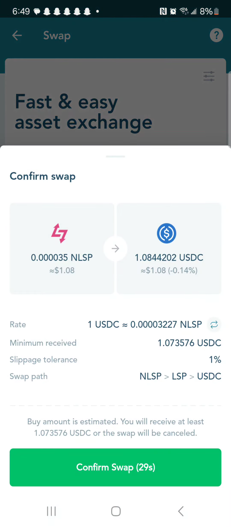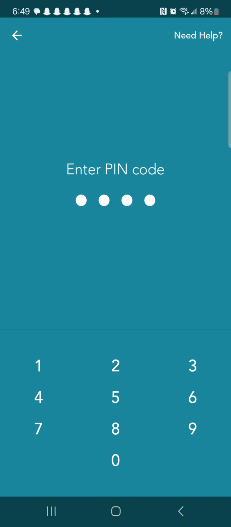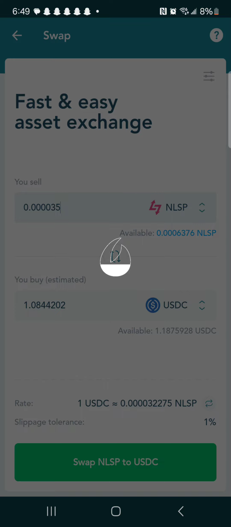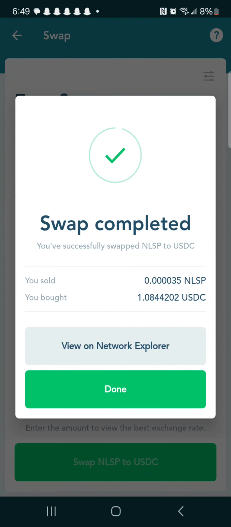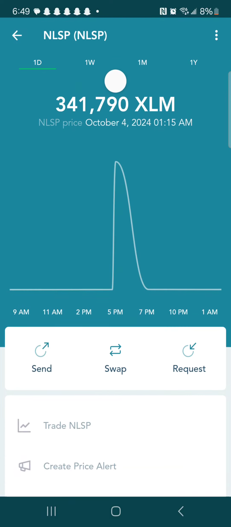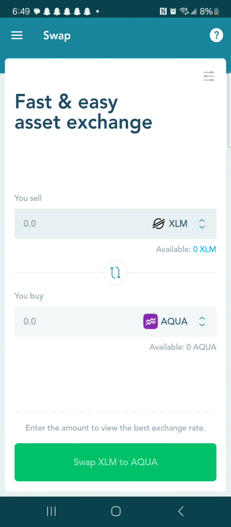Swap. Yeah, the other one, as you can see, was going to do it willingly. So you just have to be careful and know which one does fees.